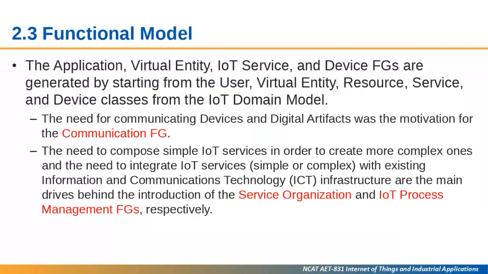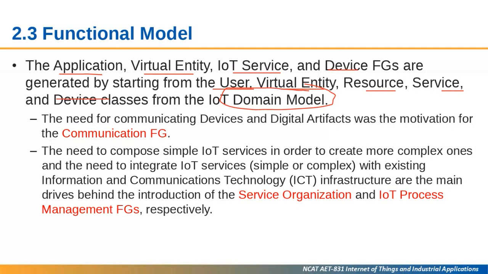For the 9 groups, the application, virtual entity, IoT service, and device functional groups are generated directly from the user, virtual entity, resource, services, and device classes from the IoT domain. Basically, they come from the main concepts in the IoT domain model, right?